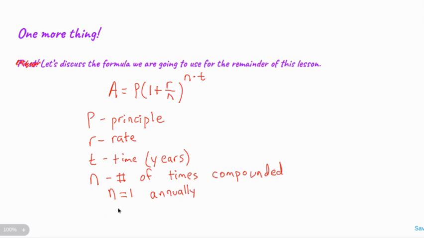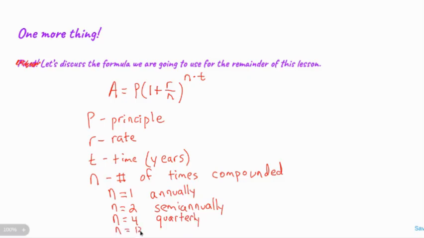That's n equals 1. So what about n equals 2? What word are you looking for? That'd be semi-annually. Okay. What about n equals 4? That'd be quarterly.